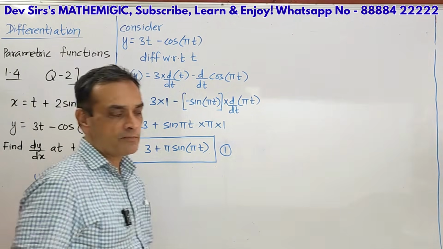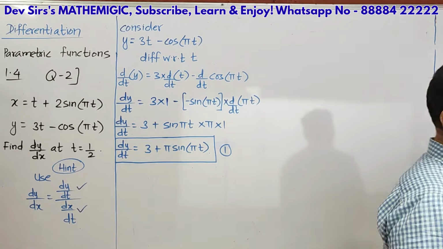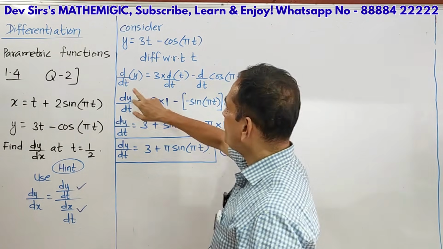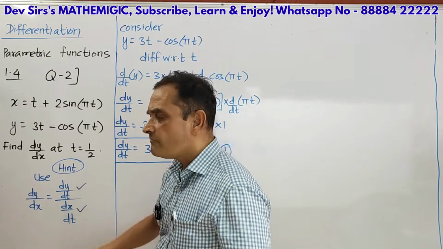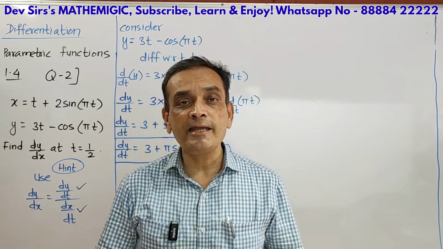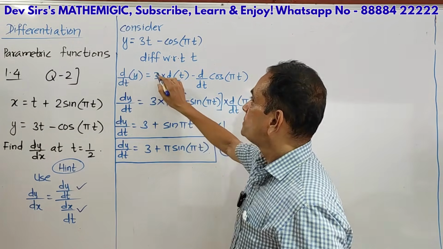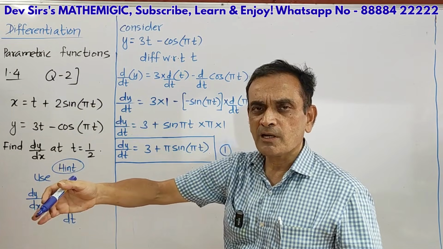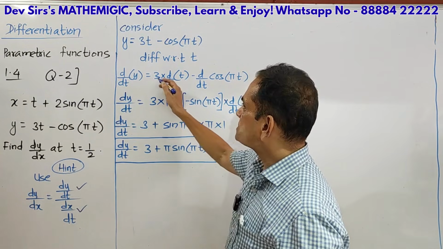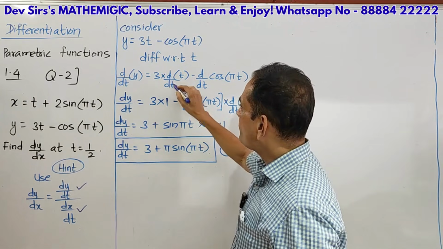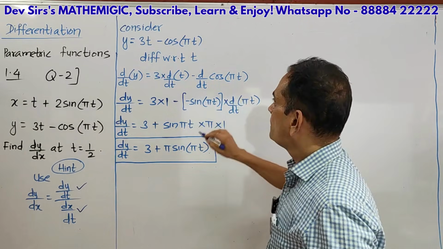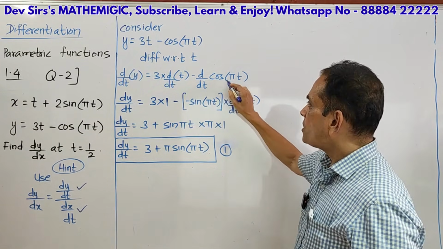So y की इक्वेशन मैंने लिख ली है. अभी उसके बाद dy by dt यानी क्या? dy by dt means d by dt everywhere. d by dt of y, 3 कांस्टेंट हमेशा अपना फेवरेट रूल, 3 कांस्टेंट बाहर रखो. d by dt of t, d by dt of cos of pi t.